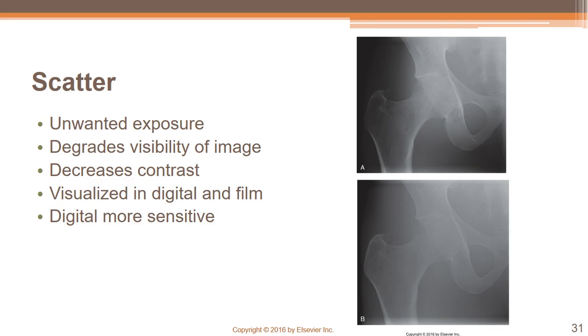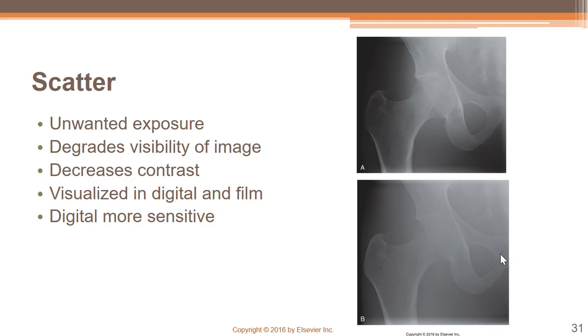So knowing how much difference there is, this is less scatter and this is more scatter. And both of these were taken on a digital system. And you just cannot get it to go away no matter how hard you try. But we want to see this bony detail here in this femur, which you're not getting because of the scatter there.